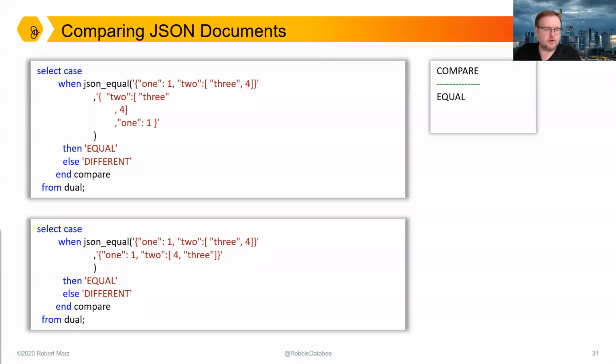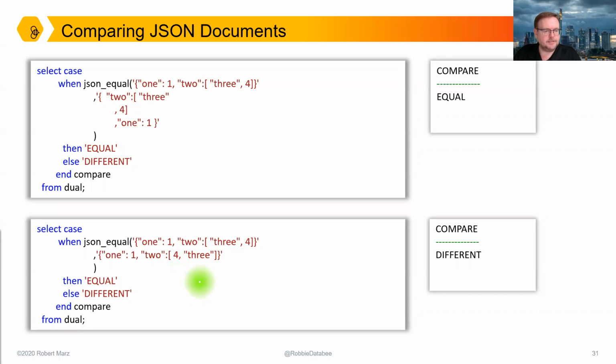If we have a look at this example here, again, this looks pretty much the same. So we have two JSON documents that look pretty much alike. But if we ask the database with JSON equal, it says those documents are different, because if we remember, arrays are ordered lists.